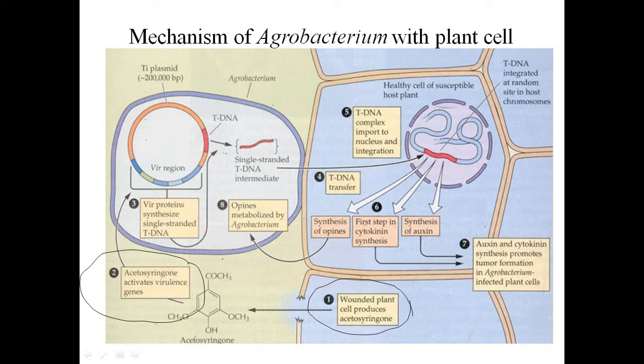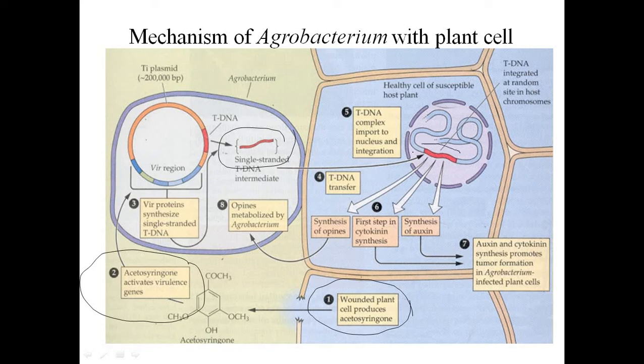As already told, 8 operons are there, and these Vir genes, along with the Vir A region, synthesize single stranded tDNA, and this single stranded tDNA enters into the plant cell, obviously into the nucleus and chromosome of the plant cell.